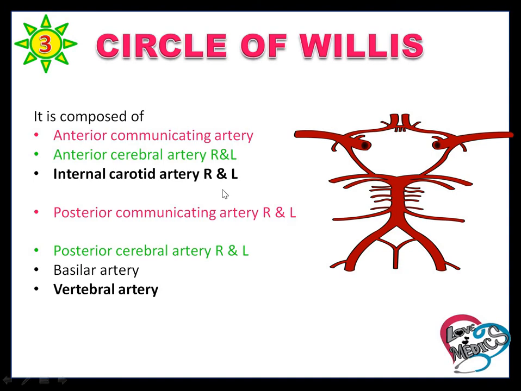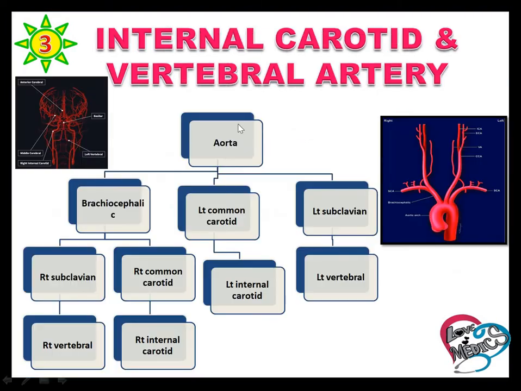Here, two main blood vessels are present, internal carotid artery and vertebral artery. Two internal carotid arteries, that is right and left internal carotid artery, and two vertebral arteries, that is right and left vertebral artery. These arteries are branches from aorta. The aorta has three branches: brachiocephalic artery, left common carotid artery, and left subclavian artery.